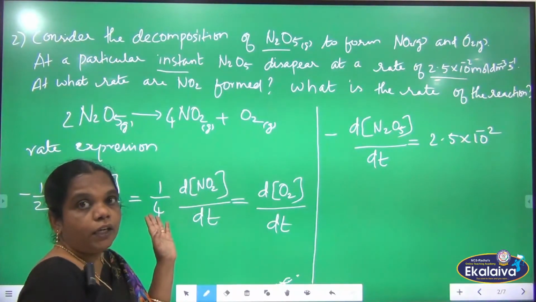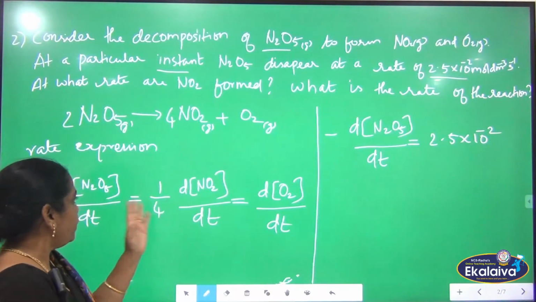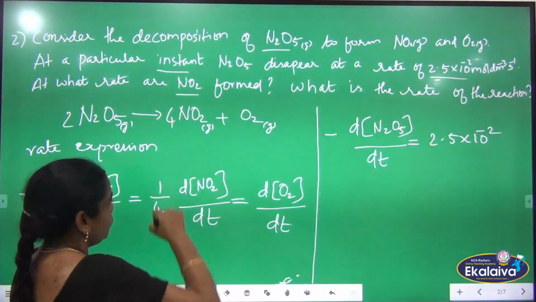So you have to write it as an equation. You have to equate this equation with that of NO2. Now you want to find NO2.